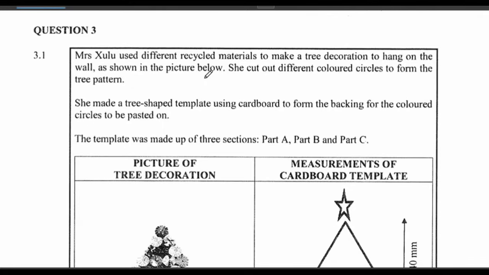Question number 3. Mrs. Polo used different recycled material to make a tree decoration to hang on the wall, as shown in the picture below. She cut out different colored circles to form the tree pattern.